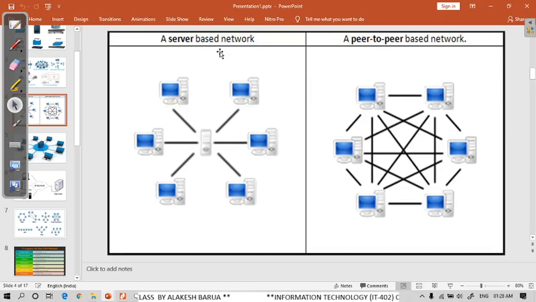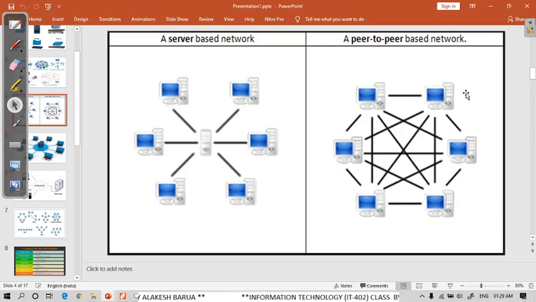The difference between a server-based network and a peer-to-peer based network, not a server-based network and a client-based network. In a peer-to-peer network, number one, there is no central computer. In a server-based network, there is a central computer. Execution of programs and applications can be done on all the computers connected in the peer network. In a server-based network, execution of programs and tasks is done only on the server, and clients can access that server.